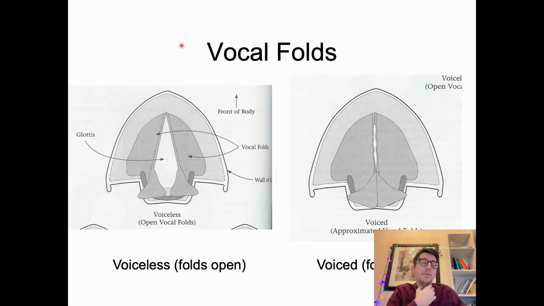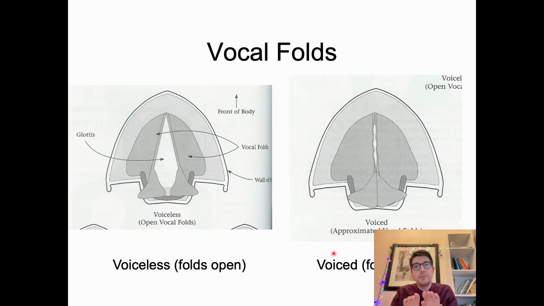It's still some kind of a sound, but most of the activity is happening at the vocal folds. They are either open, whereby we are producing voiceless sounds, or they are closed, but not tightly closed.